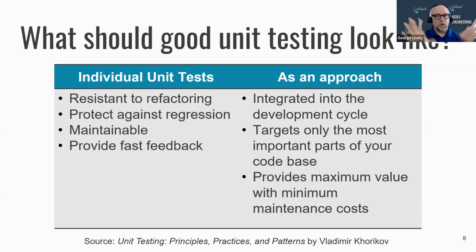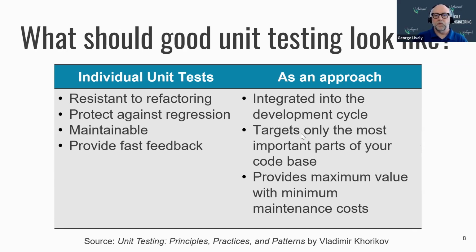Now, this is an approach for all unit testing, whether you're doing test-driven development or you're unit testing legacy code. This applies to all unit testing, and I think it provides a nice rubric for how we'll look at things as we go forward.